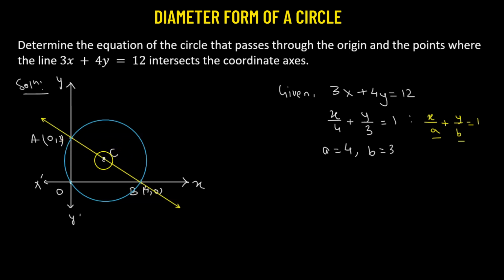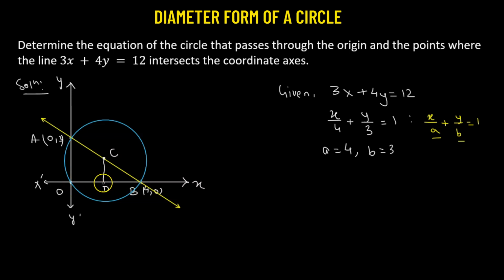Now what we'll do, we'll drop a perpendicular from the center to the point, let's call it D, and CD is going to be perpendicular to the chord OB. Now we know for a fact that whenever we drop a perpendicular from the center of a circle to any chord of the circle, it bisects the chord, meaning the length of OD will be exactly equal to the length of DB.